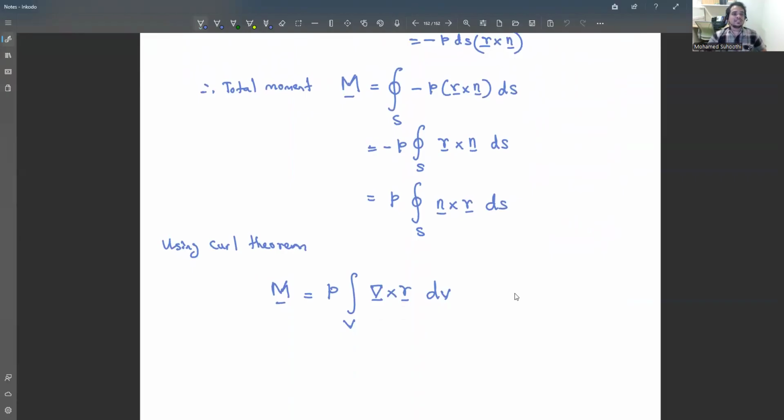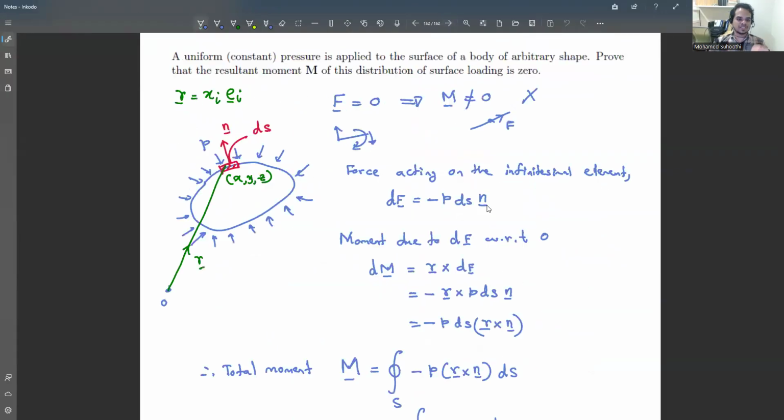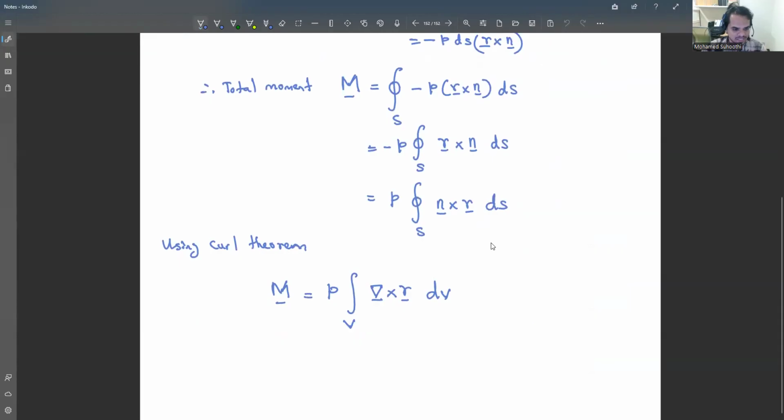We already discussed this in our previous case: when you write any position vector, the curl of that vector is zero. We already proved this in question 1, so in this case it is zero.